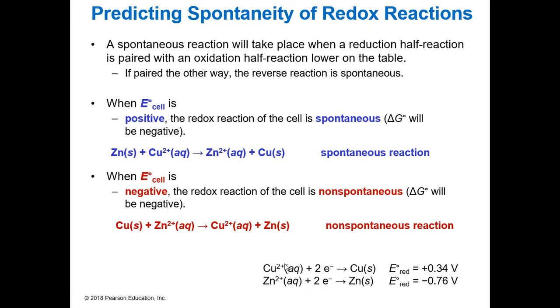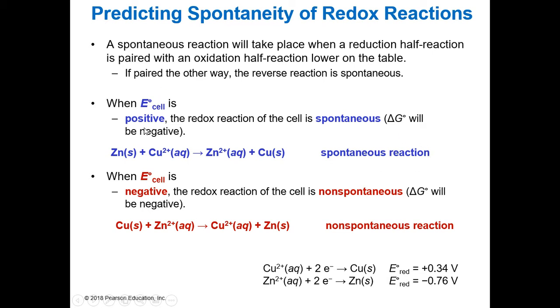That means that when we look up here at our reactions, the copper prefers to be reduced, and this is the reduction reaction. So the copper 2 plus prefers to be a reactant because the reduction potential value is greater than the reduction potential value of the zinc. So if it is paired this way, it is going to be a spontaneous reaction.